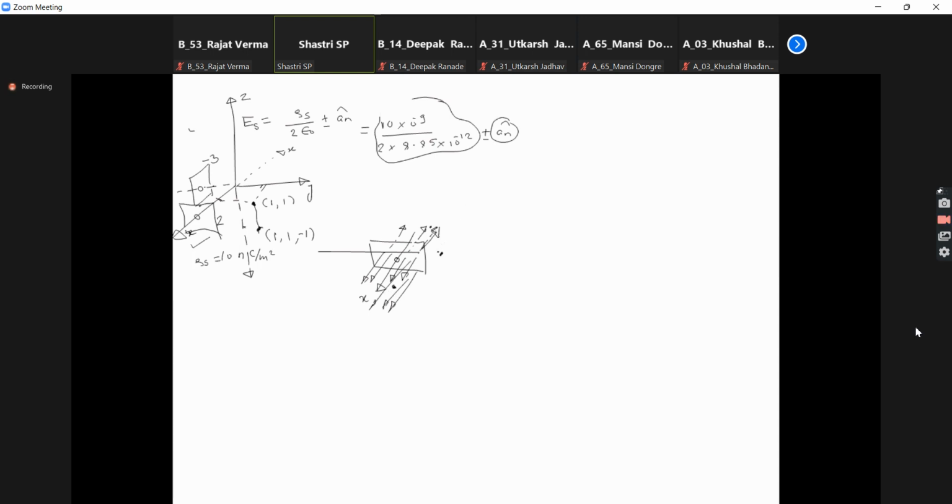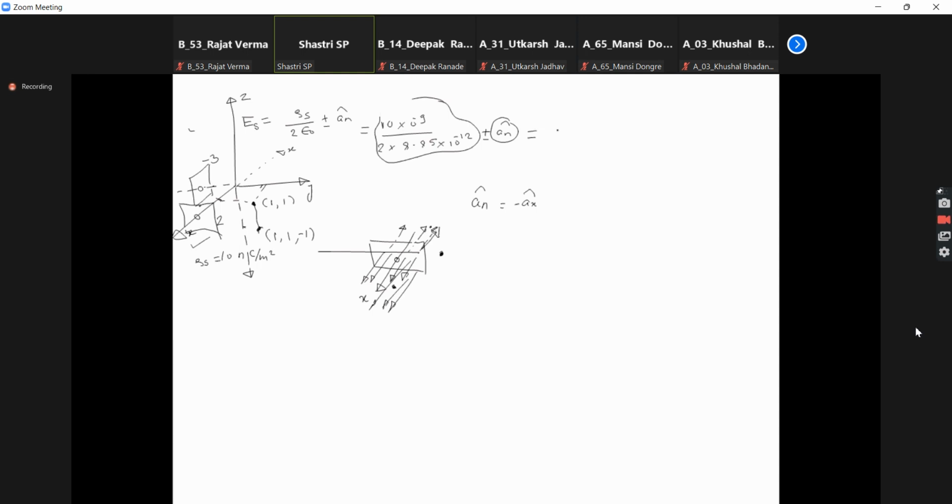Now, since the desired location is somewhere here, you have to just check what is the direction of the field. So it is minus AX. So your AN is going to be minus AX. So what you have to do simply in this formula is simplify this value, whatever you get.